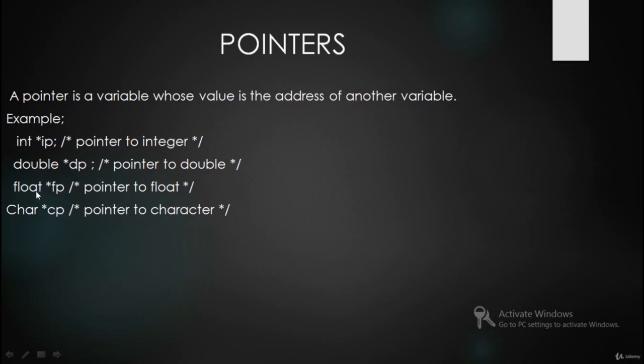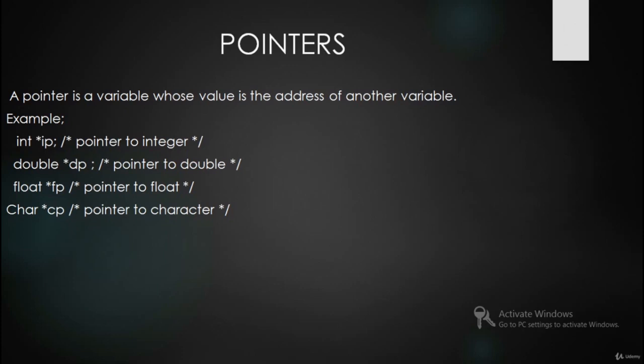When we have a float variable, the pointer will be star fp, which is a pointer to a float variable, and then we have char star cp, which is also a pointer to a character variable.